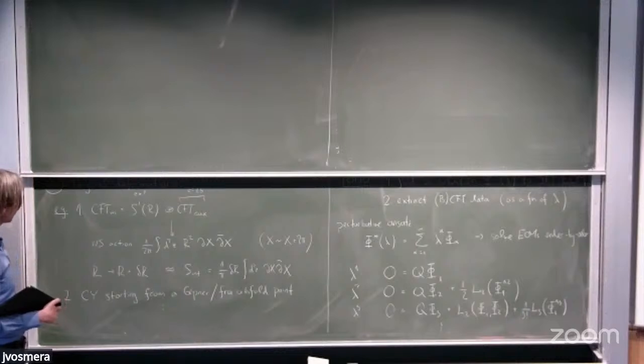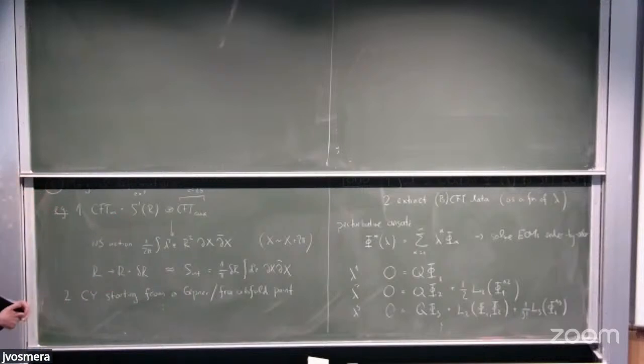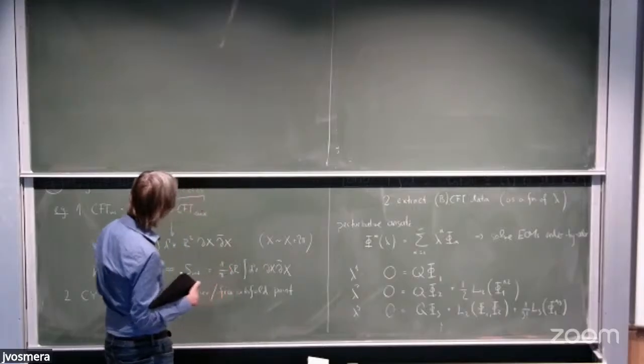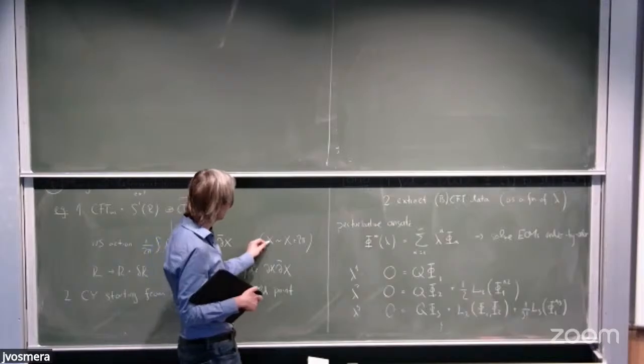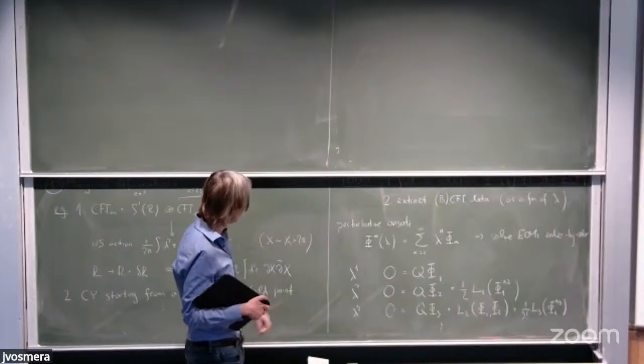So the worldsheet action for this free boson factor of the matter CFT should be familiar. That goes as follows, where if the boson is to be compact, we are identifying the values of this worldsheet field X with that of X plus 2 pi.